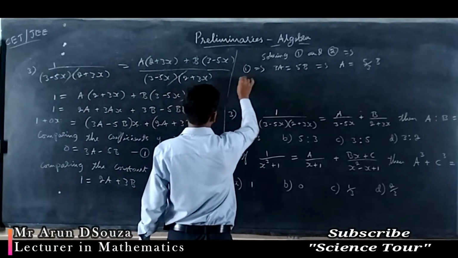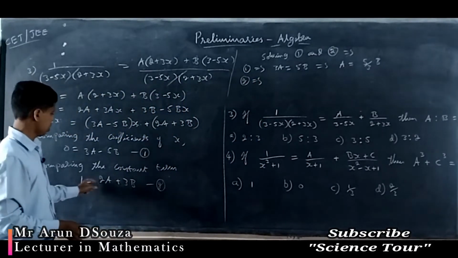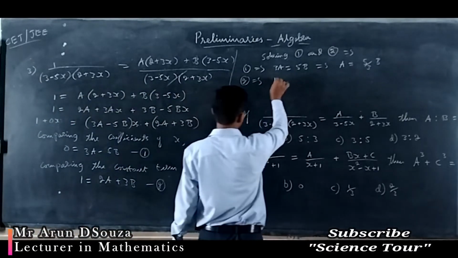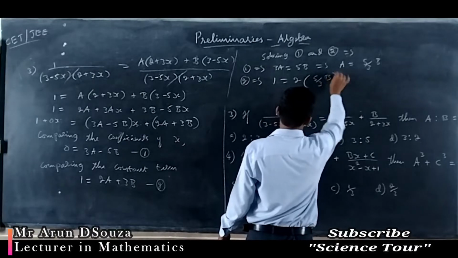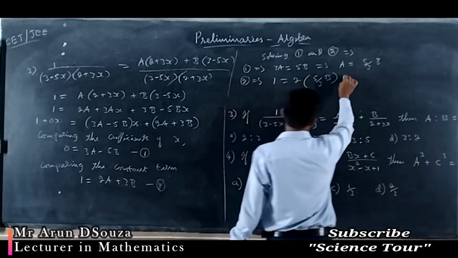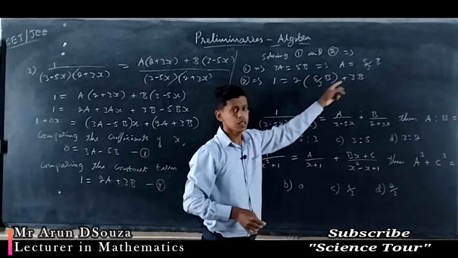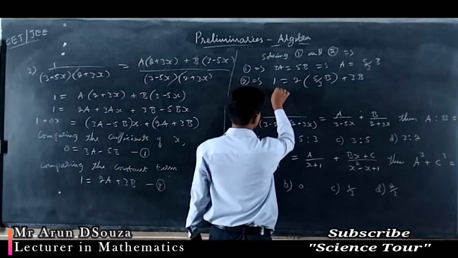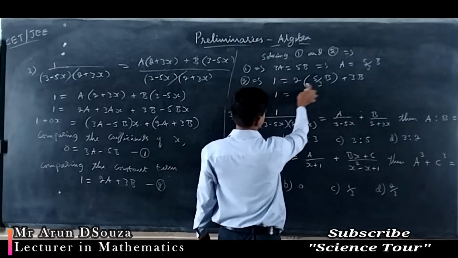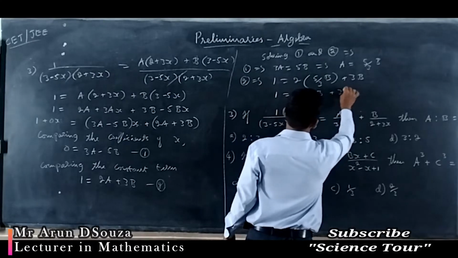So second equation becomes 1 is equal to 2a. A is 5 by 3b and plus 3b, right? So now you have got b, so you will get the value of b here. So this is 1 is equal to 10 by 3b plus 3b.